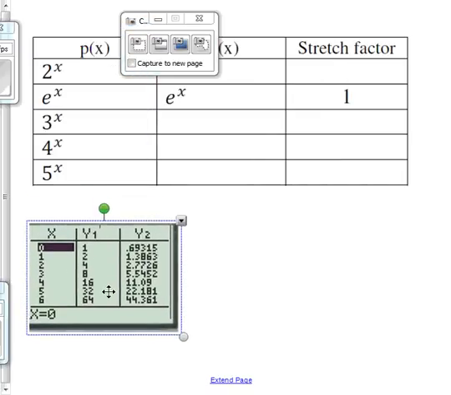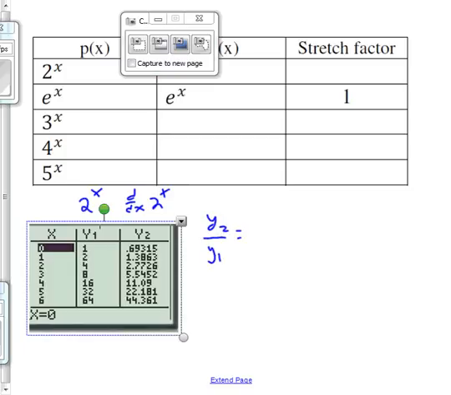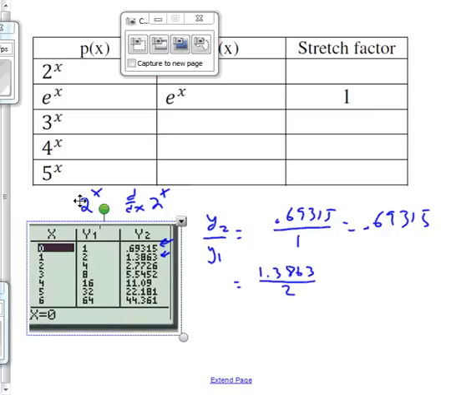What we can start seeing is that there's a relationship between y2 over y1. This is 2 to the x, and this is the derivative of 2 to the x. If I look at y2 over y1, for the first case, 0.69315 over 1 equals 0.69315. Now let's look at the second case: 1.3863 over 2. What does that equal?